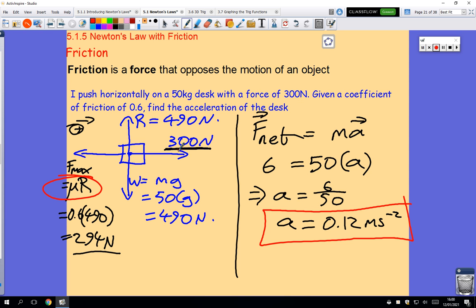If I was pulling to the right here with a force of 200 newtons, well then there wouldn't be a friction of 294 resisting me. They would only need 200 newtons to stop me moving this object. So if I pulled with 200 newtons, the friction force would also be 200 newtons, in this case resisting motion.